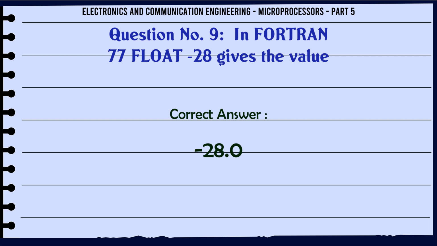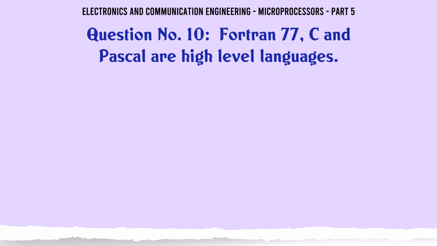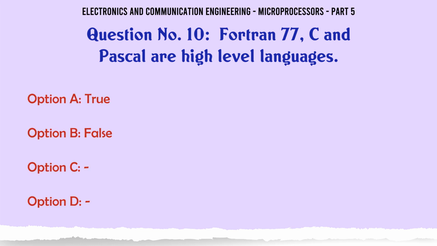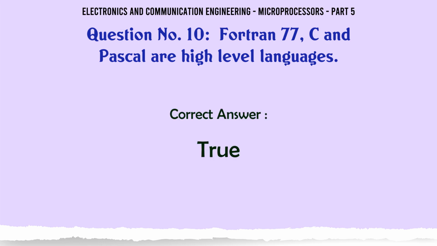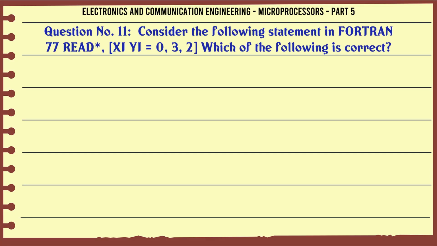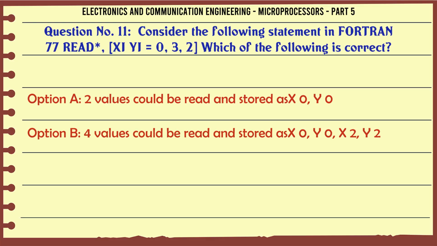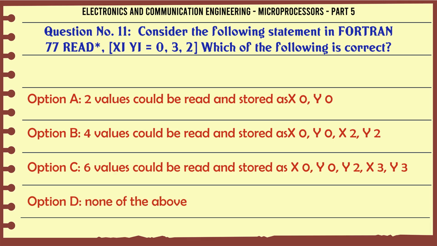28.0. FORTRAN 77, C and Pascal are high-level languages. A. True. B. False. C. D. The correct answer is true. Consider the following statement in FORTRAN 77: READ 11, X0, Y0, X2, Y2. Which of the following is correct? A. Two values could be read and stored as X0, Y0.